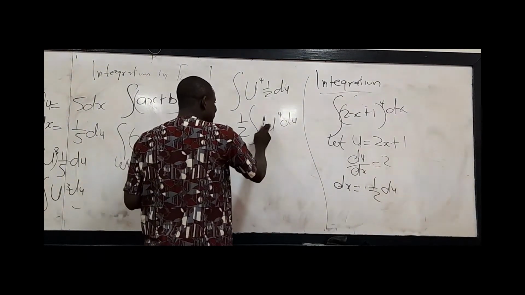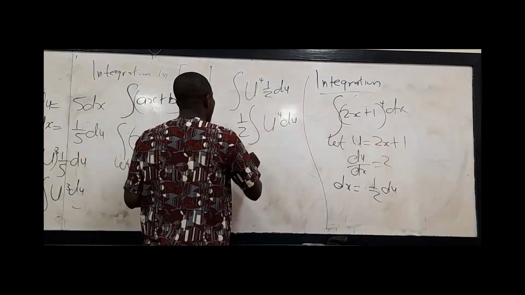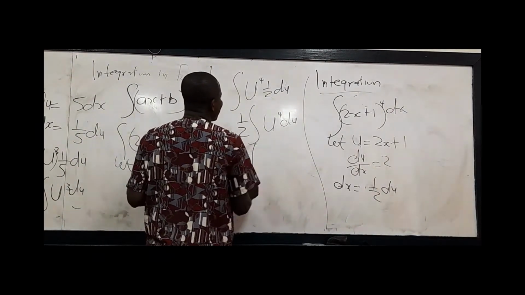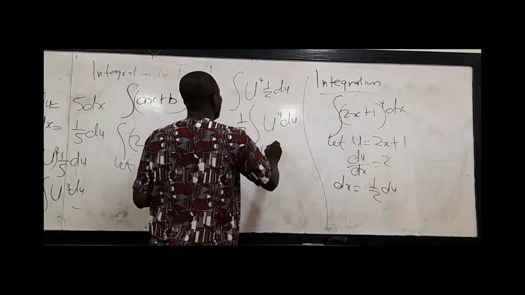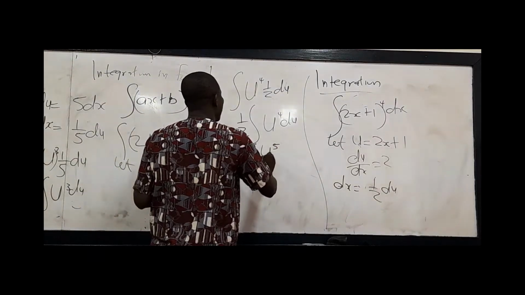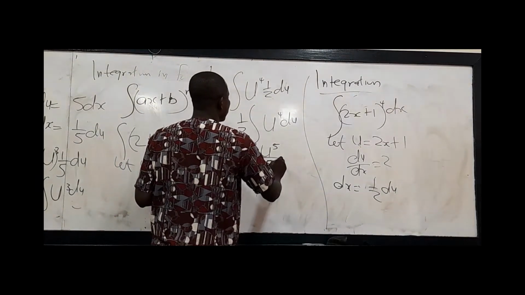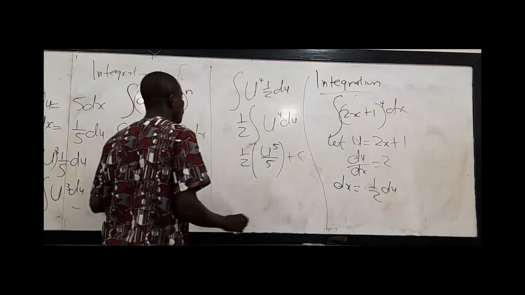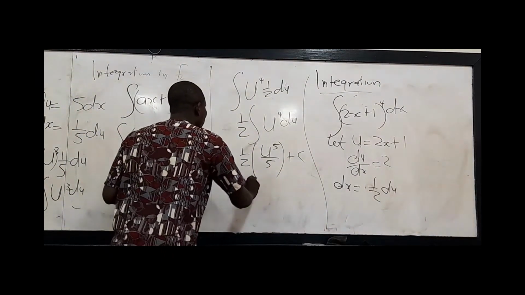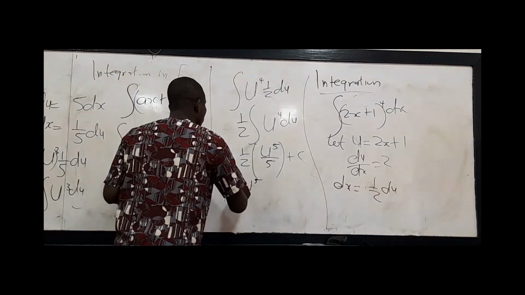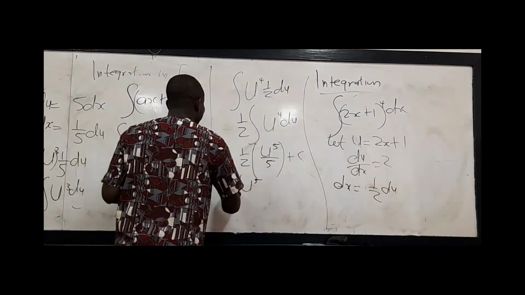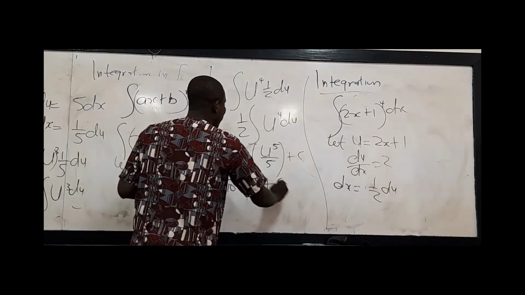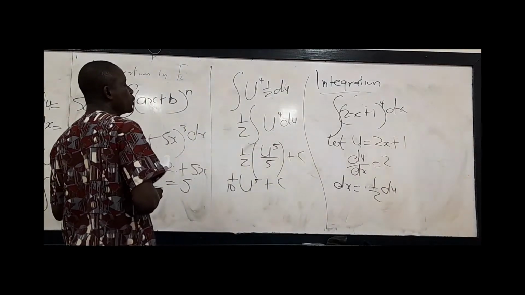If I integrate this, it becomes half, and the inside becomes u to the power 5 over 5, plus C. So in effect, I'm going to have 1 over 10 u to the power 5 plus C. And what is our u?